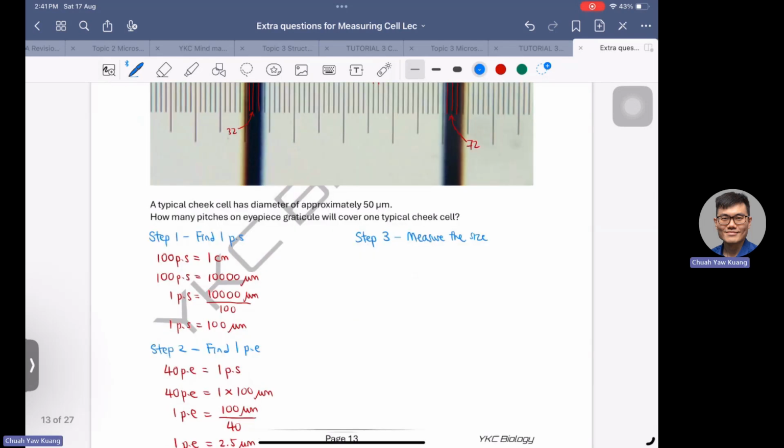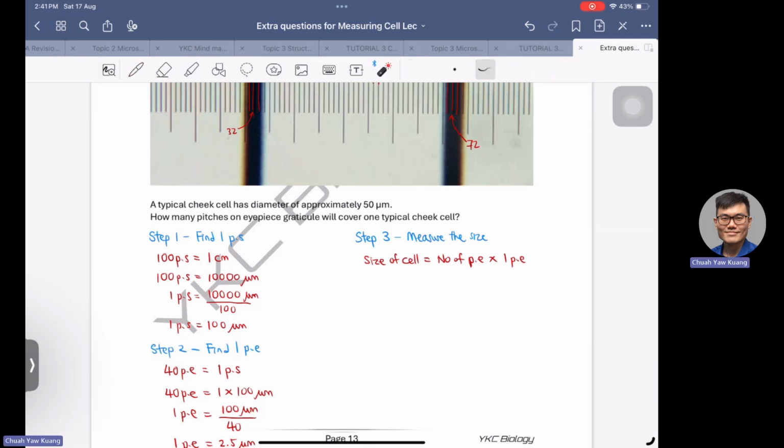So to measure, well, normally the size of the cell is equals to, we will see how many pitch it will cover. Yeah, number of pitch on the eyepiece reticule that will cover the cell times the length of one pitch on the eyepiece reticule.